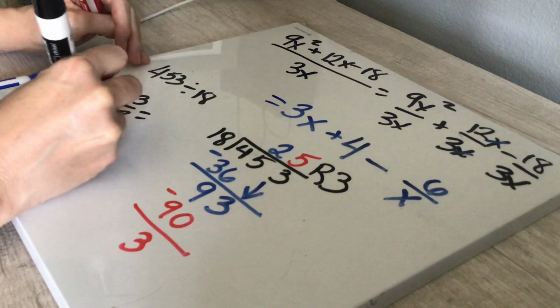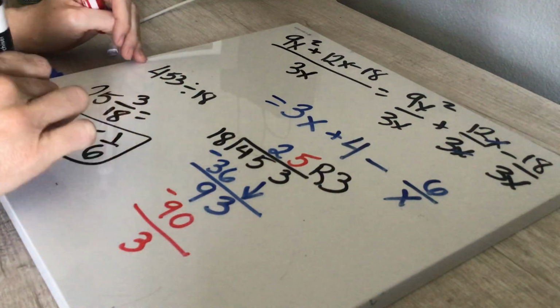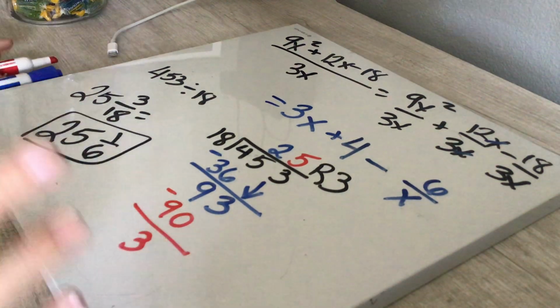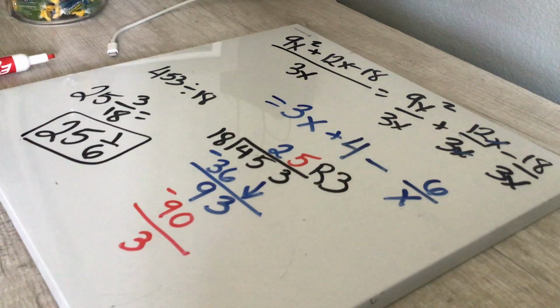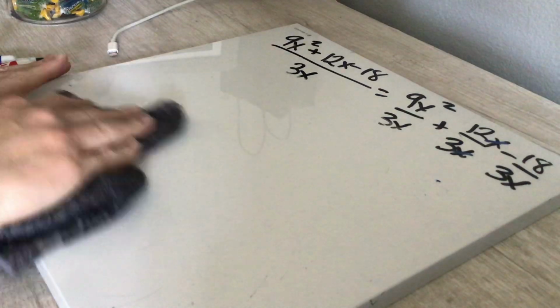So you'd get 25 and 1/6. So the remainder goes over what you divided by. Okay? So dividing polynomials is going to work very close to the same way. Okay? So, using long division.